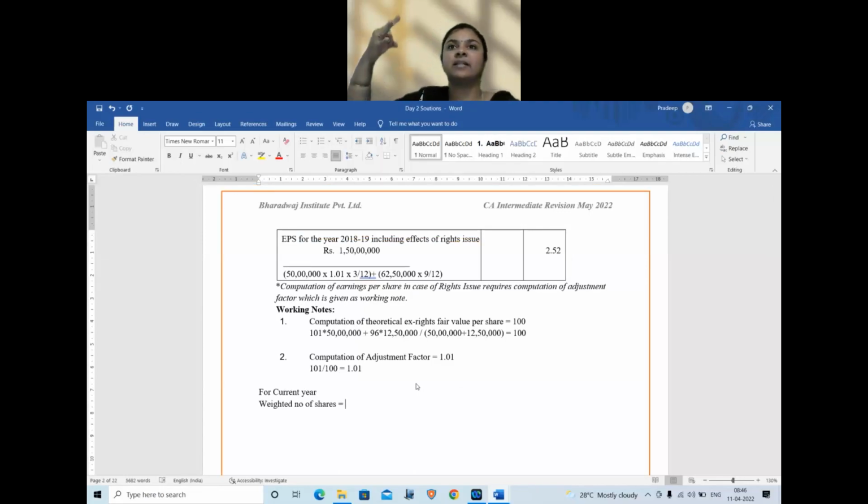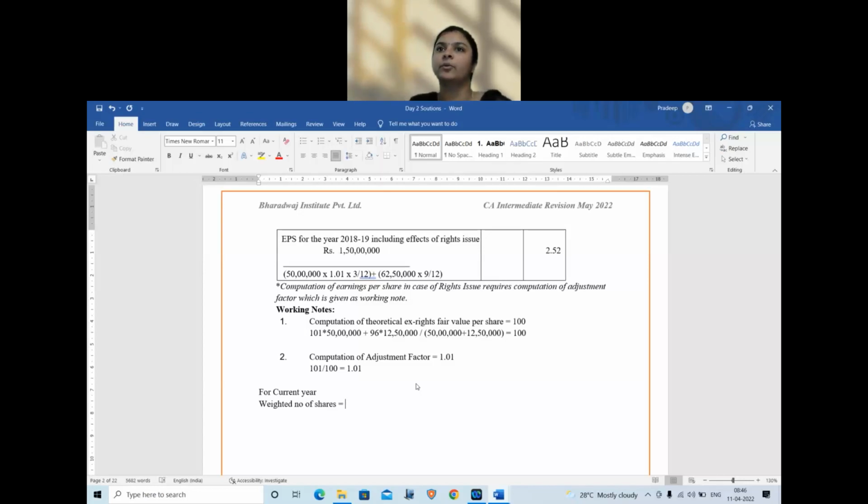Whereas for the 3 months, April, May, June, right shares were not available. But in adjusted EPS, we will assume as if the right shares, bonus and rights, are available from the beginning of the year. For bonus, no consideration, so we added 12 months weightage. But here, partial consideration is there. That is why we are calculating the adjustment factor.